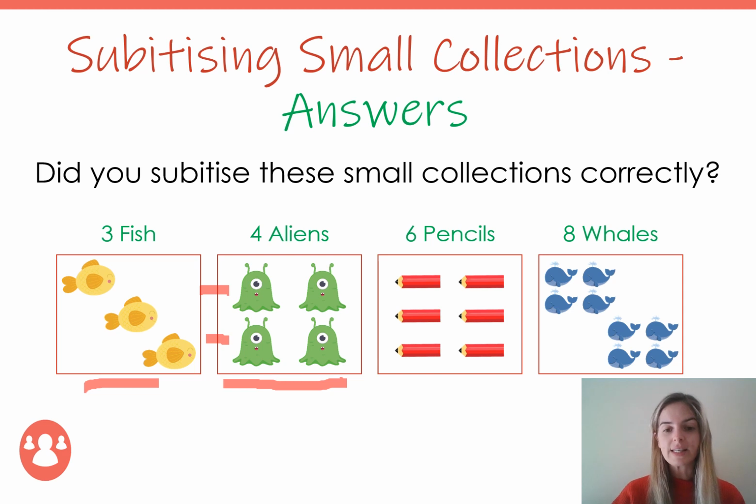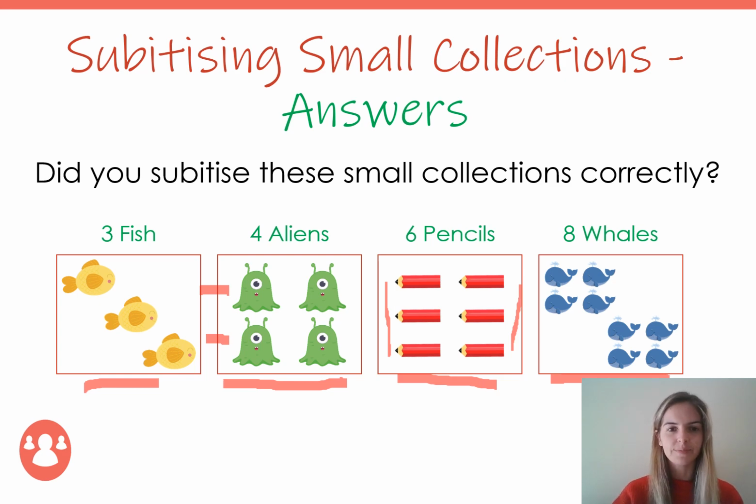And then we have 6 pencils, and we've got them 3 down here and 3 over here, and you may have thought 3 and 3 is 6, or you could have thought 2 plus 2 plus another 2 is 6. And then our last one is 8 whales. And I like how this one is arranged to have 4 up the top and then 4 down the bottom, because we know that 4 plus 4 is 8.